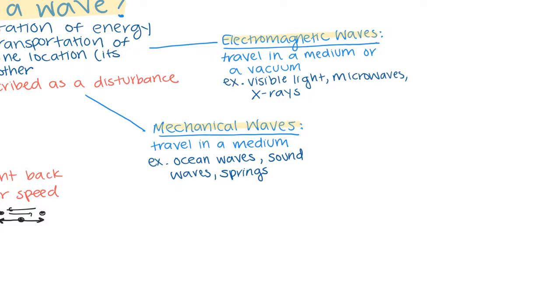In other words, they must have some sort of substance to be able to transport that energy. For example, ocean waves are an example of mechanical waves. They transport that energy through water, so they have to have that substance of water.